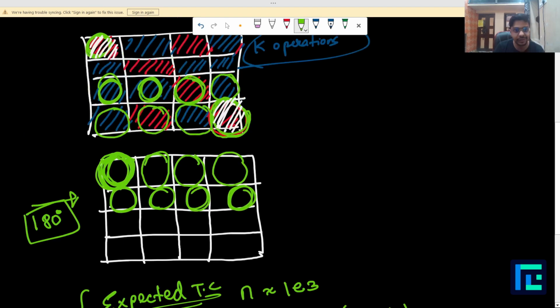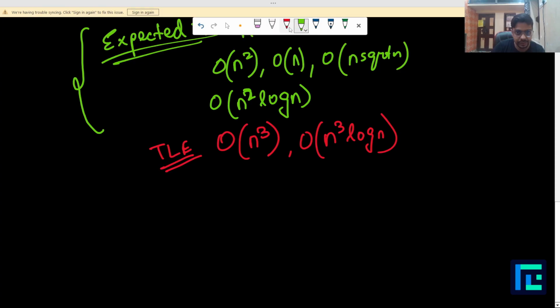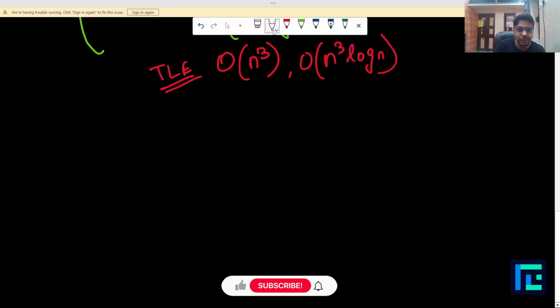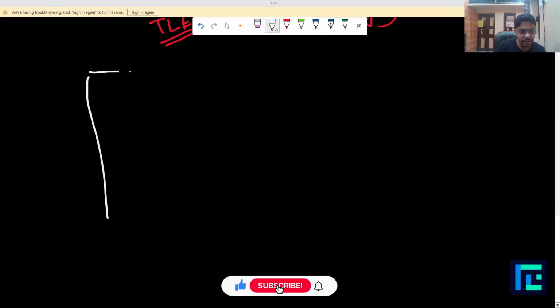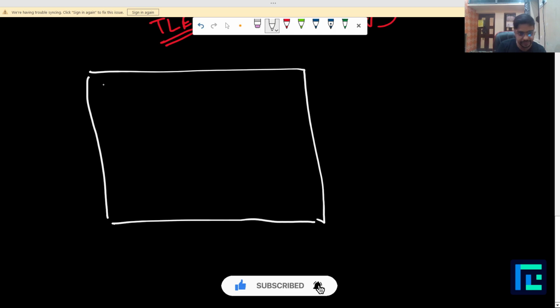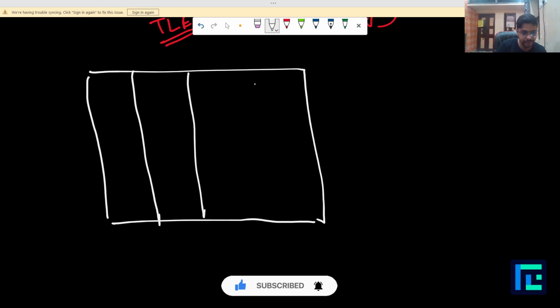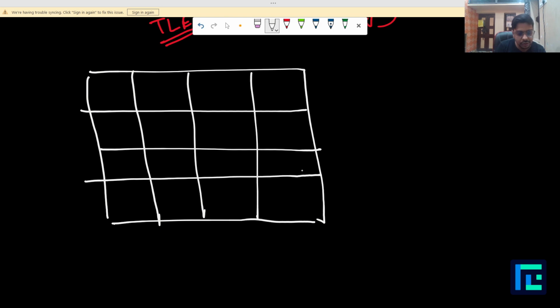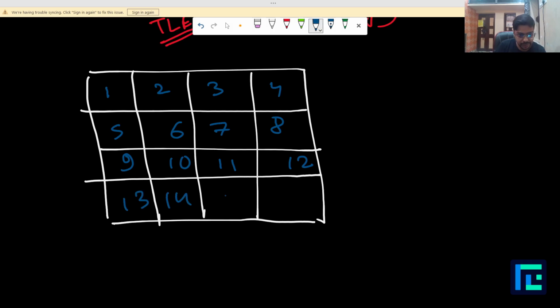So how can we do this? Let's suppose for an example we take a 4 cross 4 grid, an n cross n grid. Let's name the cells 1, 2, 3, 4, 5, 6, 7, 8, 9, 10, 11, 12, 13, 14, 15, 16.